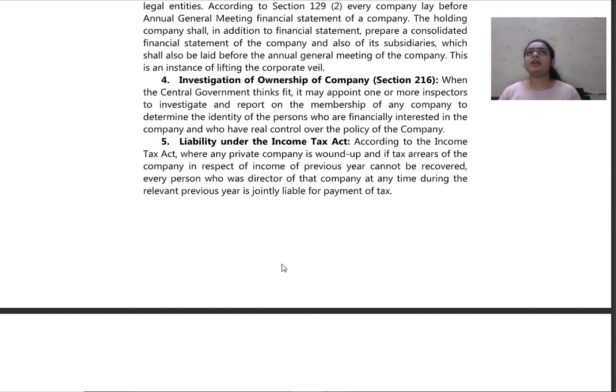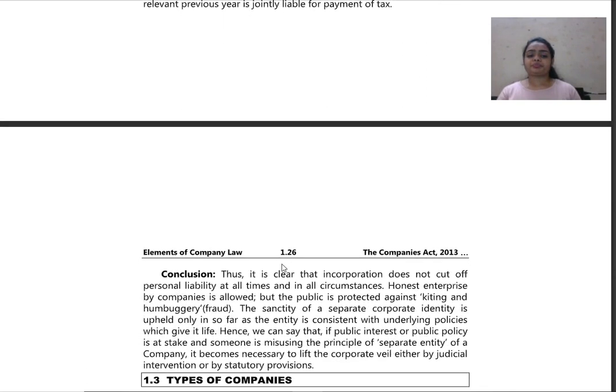So, if you are earning profit and you are winding up your business, it is compulsory for you to pay all the taxes for the entire financial year for which you are responsible.